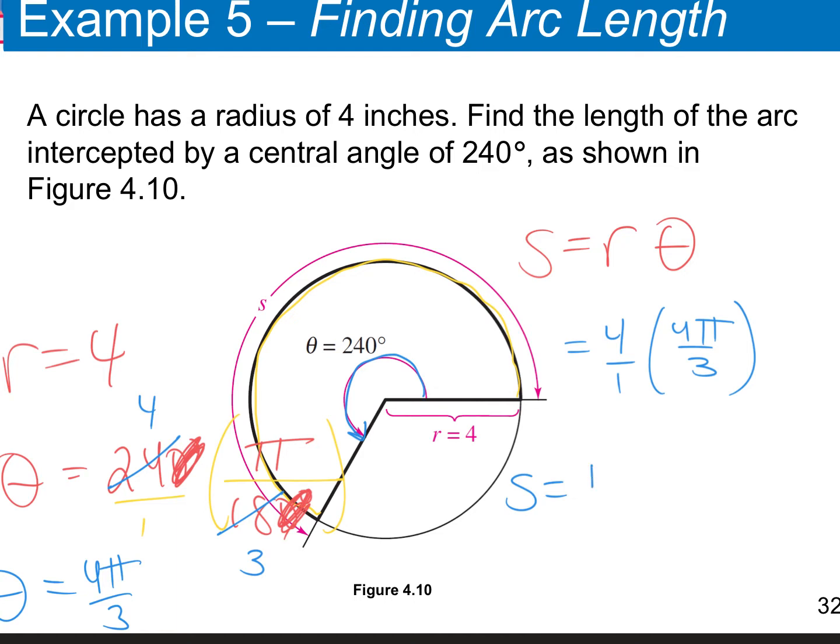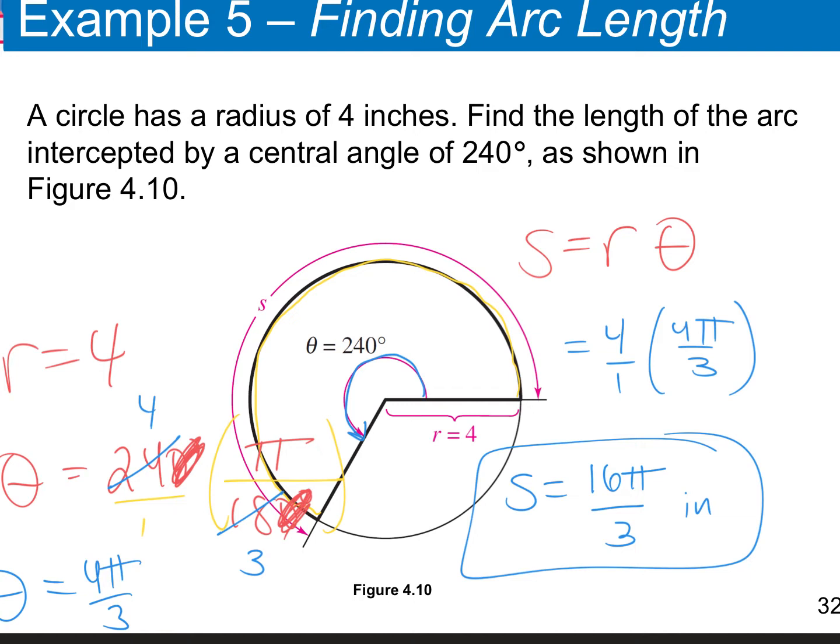So I have 16 pi over 3. So the length of my arc is 16 pi over 3, and we're measuring in what? Inches. This is leaving your answer in terms of pi. When it says leave your answer in terms of pi, that means you should have a pi symbol in your answer. Does that make sense?